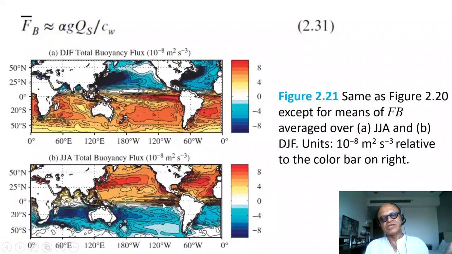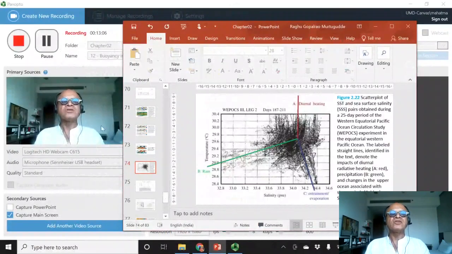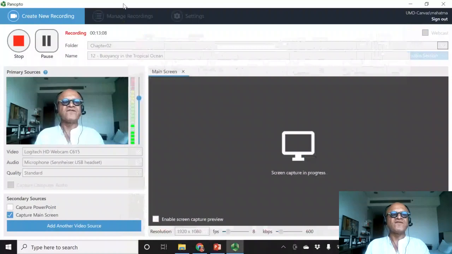You can see JJA has positive buoyancy here, and also DJF. So otherwise hemispheric shifts happen in the ocean buoyancy production and loss. We'll come back to this in terms of observations.